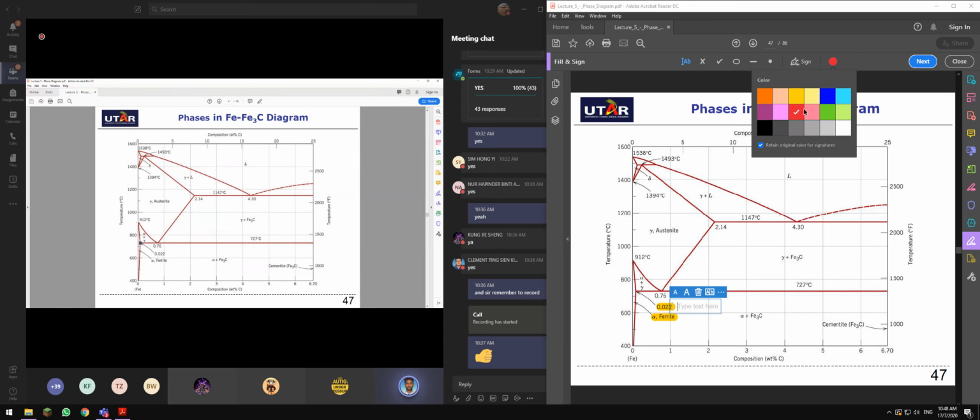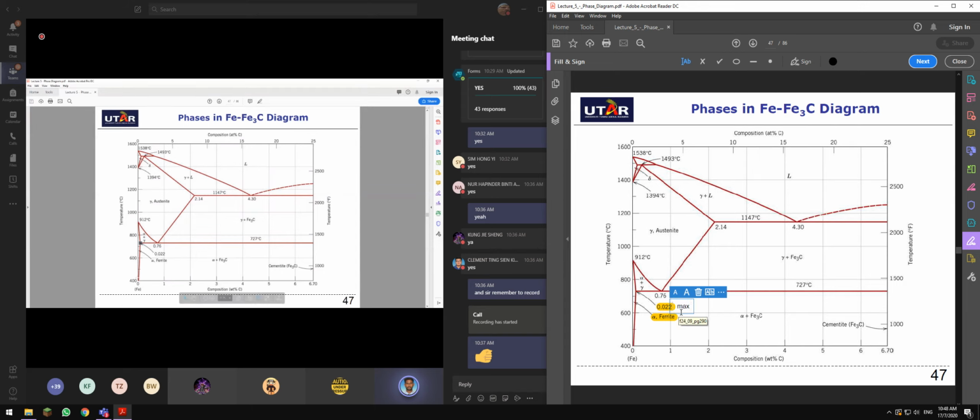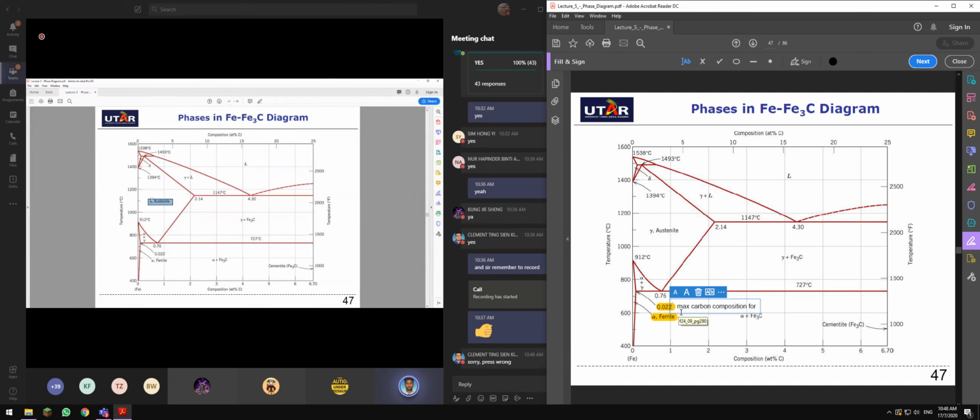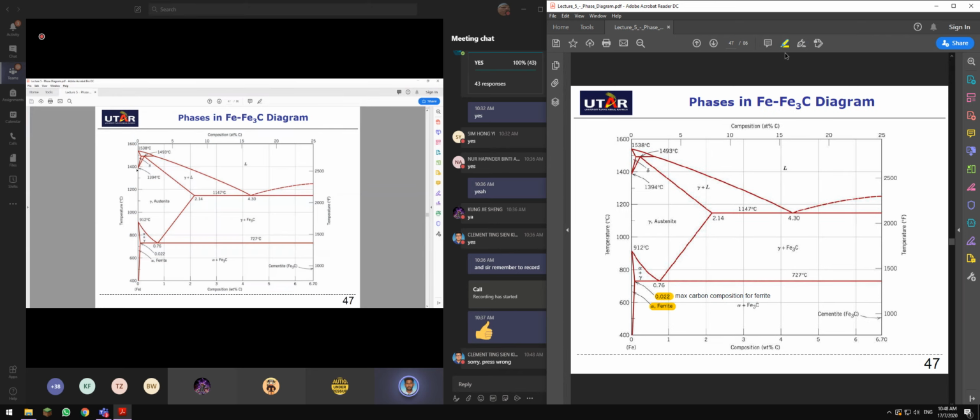Above 912 degrees Celsius, pure iron will transform into austenite microstructure iron, from 912 degrees Celsius up to 1394 degrees Celsius. For your information, alpha or ferrite iron is composed of BCC.